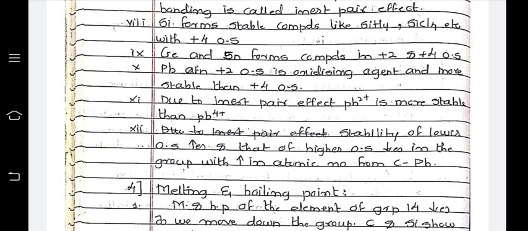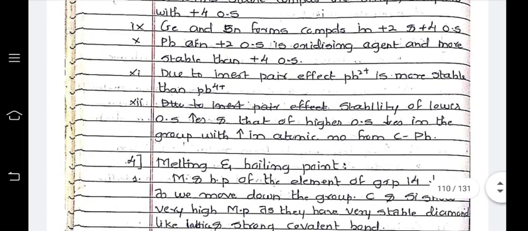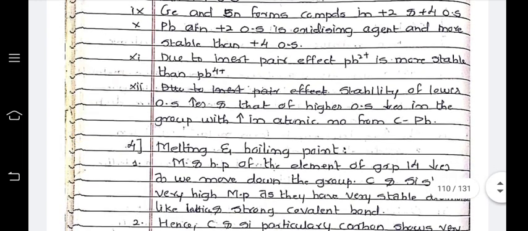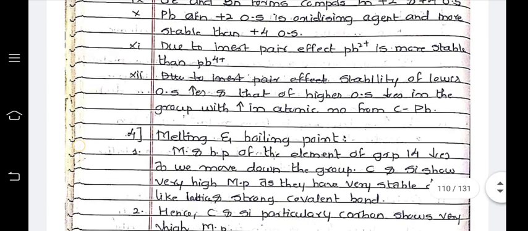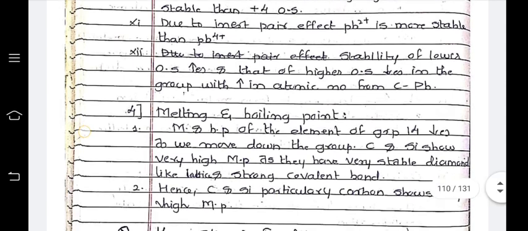Silicon forms stable compounds like SiH4, SiCl4, etc. in the +4 oxidation state. Germanium and tin form compounds in the +2 and +4 oxidation states. Pb in the +2 oxidation state is an oxidizing agent and more stable than the +4 oxidation state.